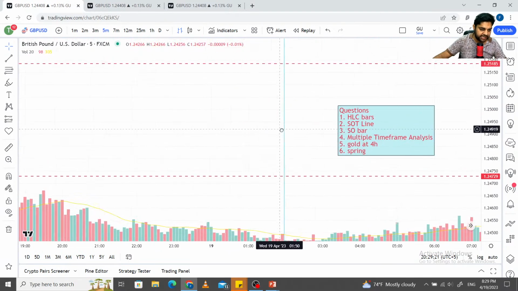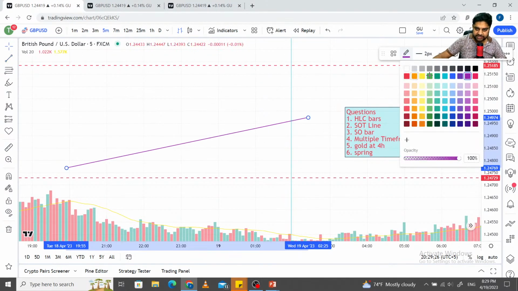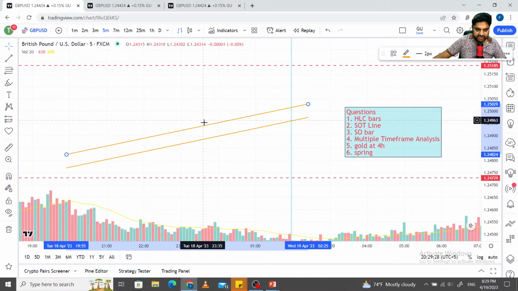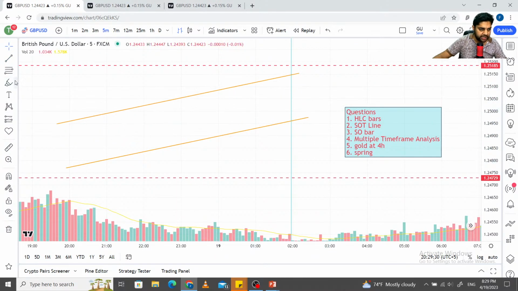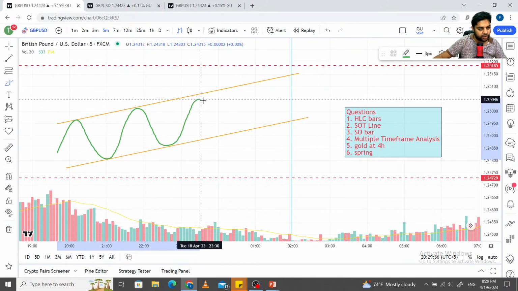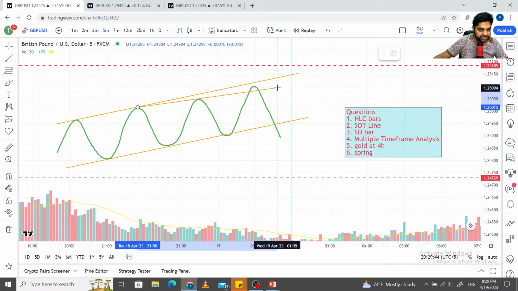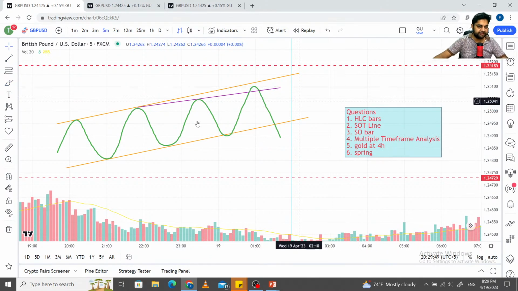Okay, the SOT line, how will we draw the SOT line? Okay, look at this, guys. If there is an uptrend in the market, let's say this is an uptrend. The market is going up and down and up and down, and this time the market is unable to go all the way up to the ceiling. So then it falls down like this. You will draw an SOT line just like this. You should make it a little bit different in the color.